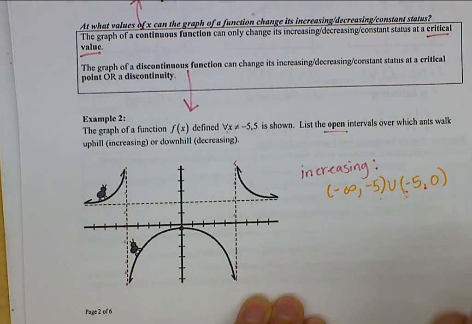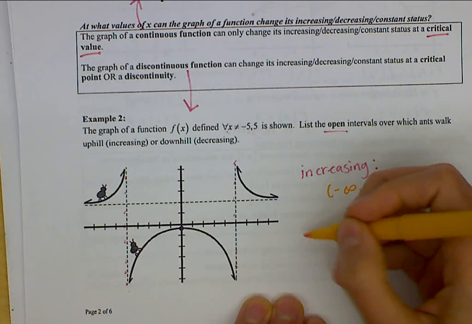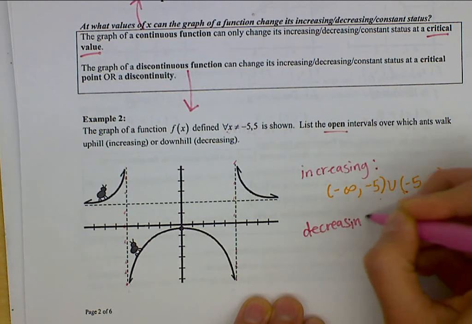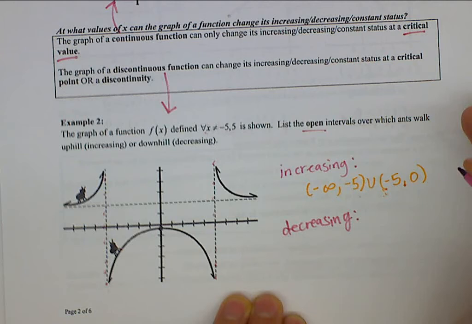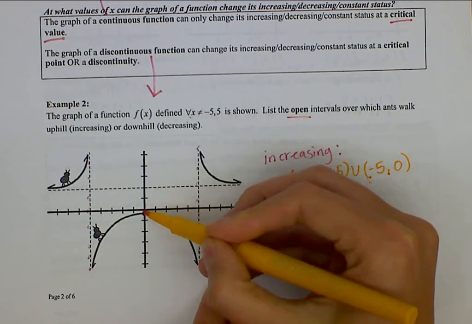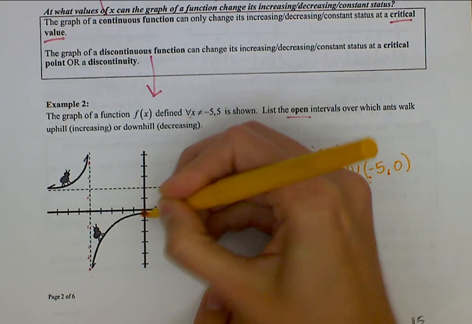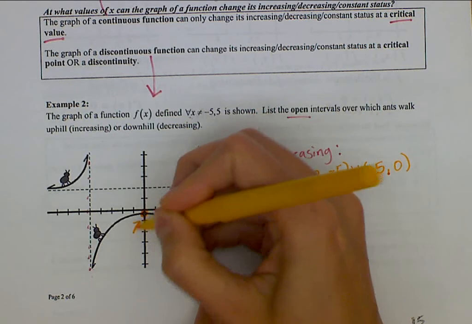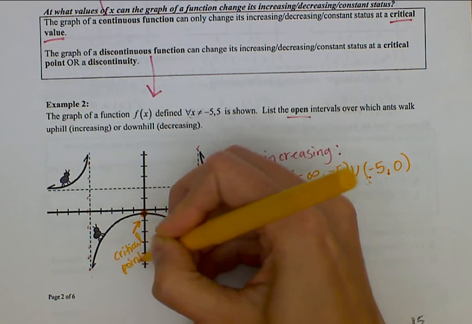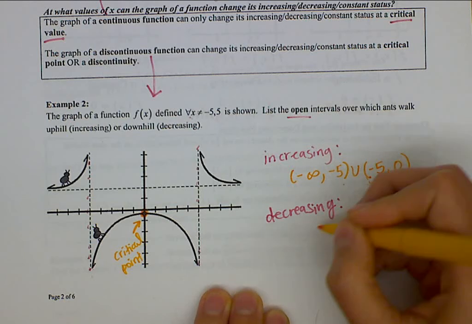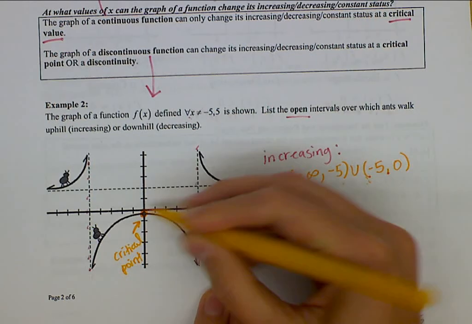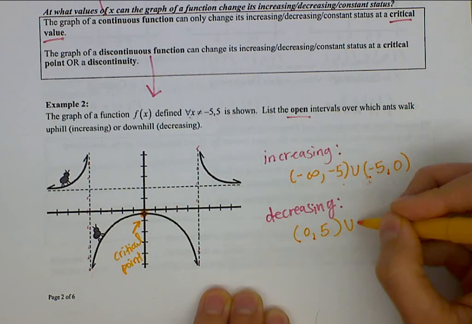Notice that here we had to have a break at -5 because there's that asymptote. So here they're increasing, and then we're decreasing on these intervals. At this point, this is a little critical point. At our critical point, he changes from increasing, he's going to start decreasing now, so from 0 to 5, in union with 5, he's still decreasing.